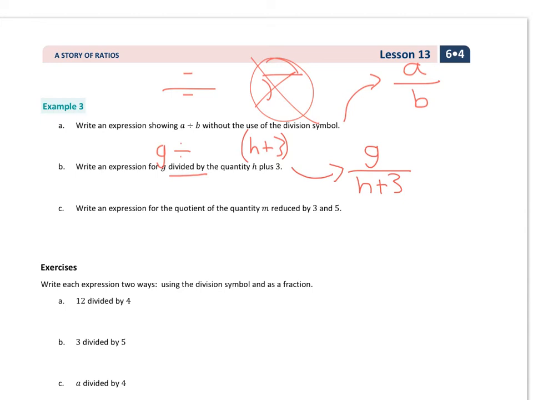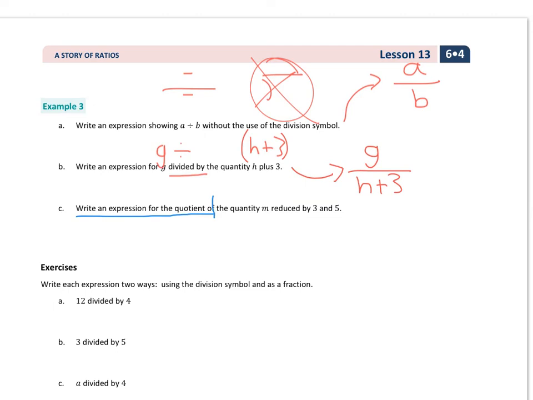Lastly, I'll write in blue because I'm going to probably write all over the place. This says write an expression for the quotient of the quantity m reduced by 3 and 5. Now this is super confusing, but it says write an expression for the quotient of, boom, the problem starts. It says of, right here.